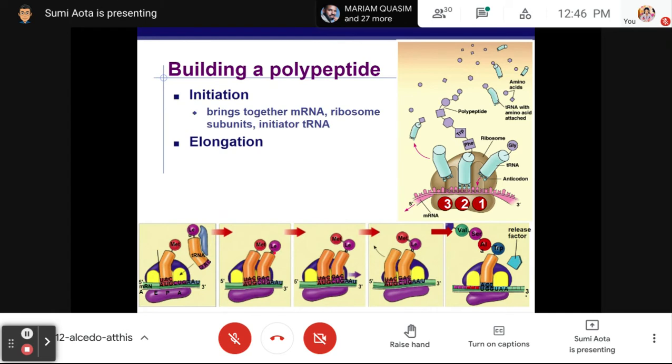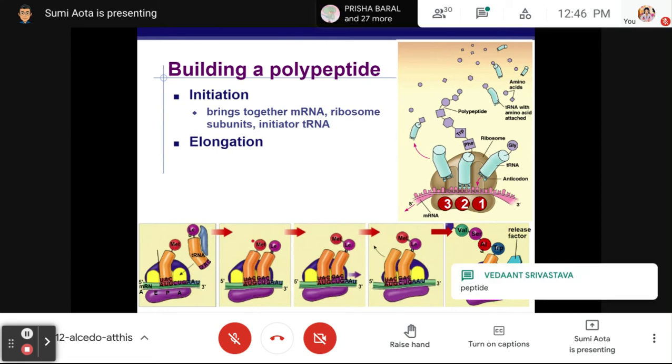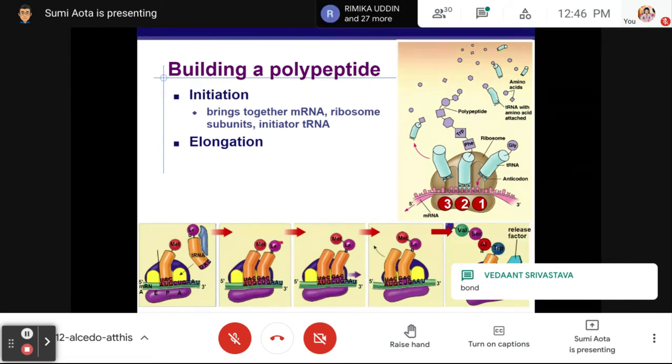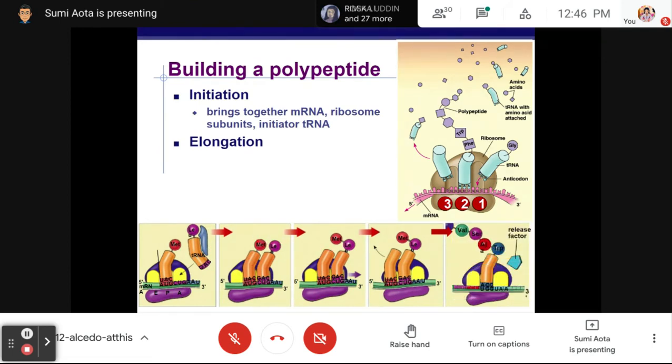In order to form a polypeptide, what kind of bond has to be formed between the two amino acids? The ribosome will now catalyze a peptide bond between the first amino acid and the second amino acid, transferring the first amino acid onto the second one, at the same time releasing the transfer RNA. At this point, the P site is filled and the A site is filled.